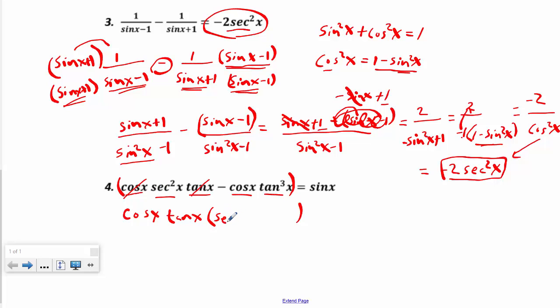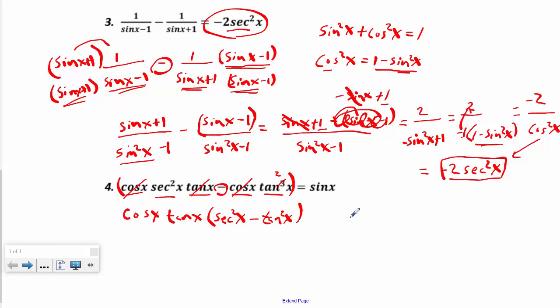If I take out this cosine x and one of these tangent x's, because this is tangent x multiplied by itself 3 times, this is going to leave me with a square when I take one of these out. So this is going to be minus, and then simply tangent squared x.